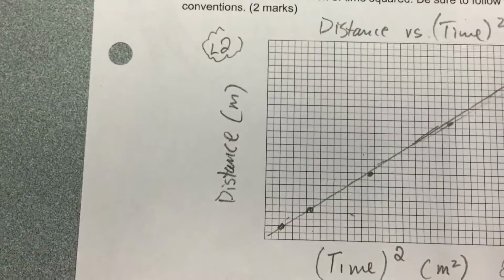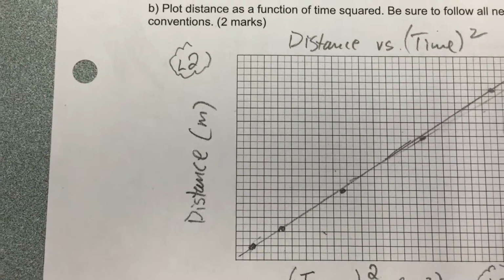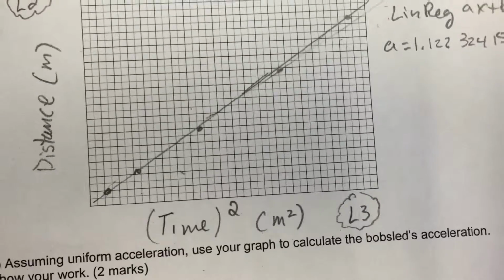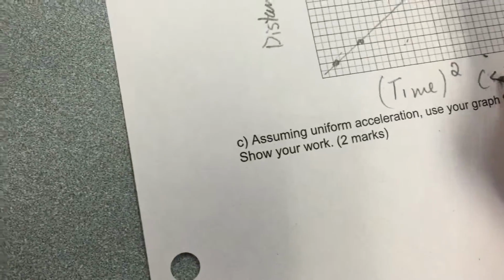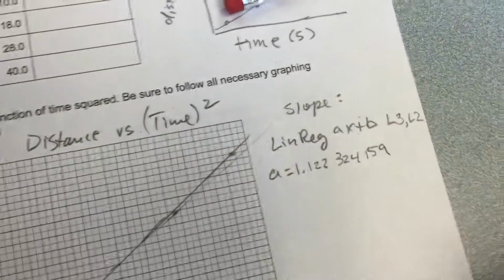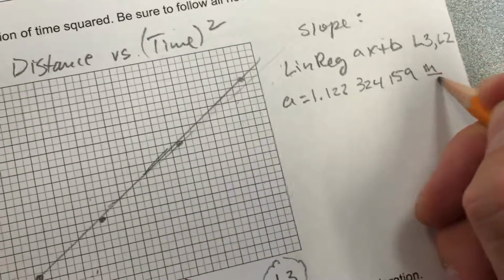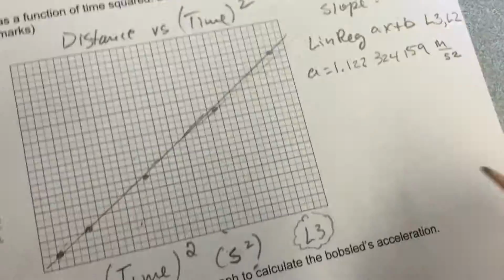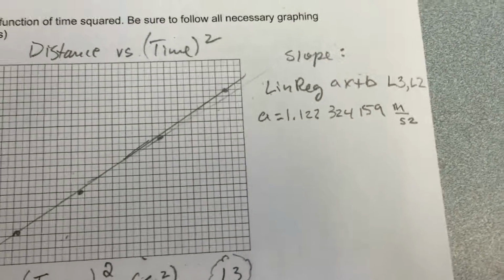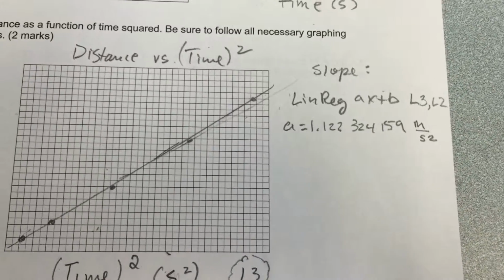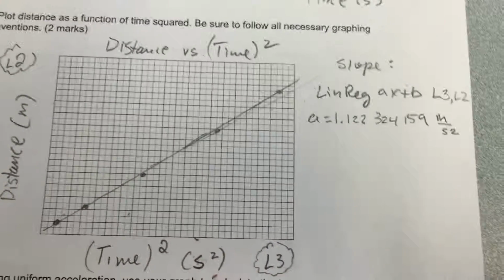Also, units are important, so that would be meters, my rise unit over my run unit, meters per second squared. And oh, look at that mistake. Seconds squared. Time squared, of course, is not meters squared, but seconds squared. So meters per second squared. Okay, so there we go. Now I'm going to need to use that slope in a further calculation, but I'll leave that up to you. Thanks.